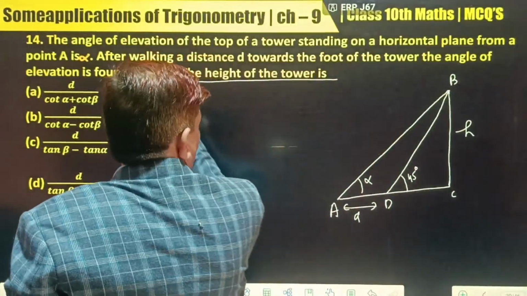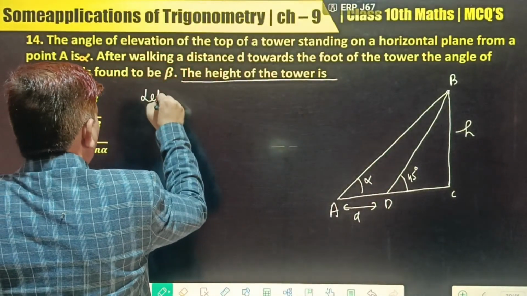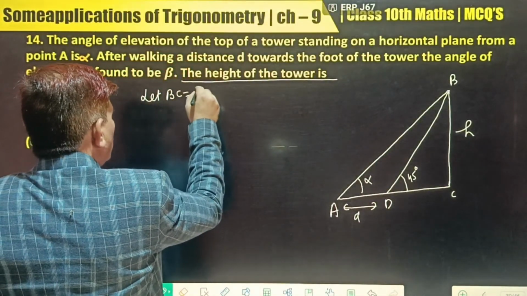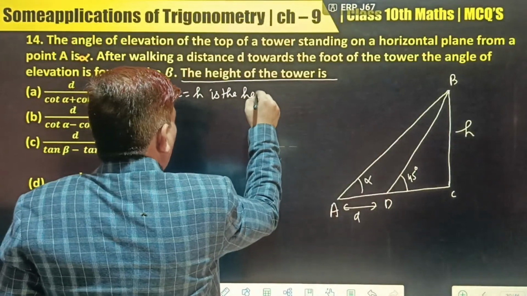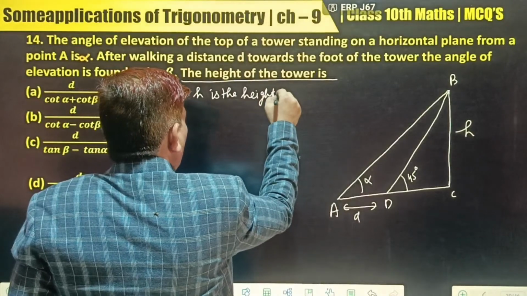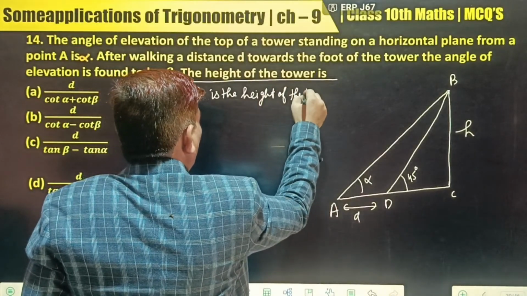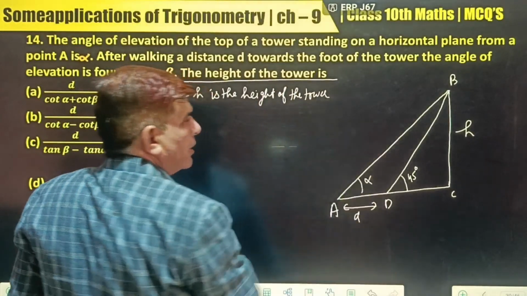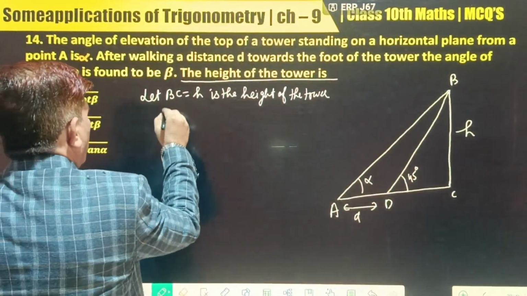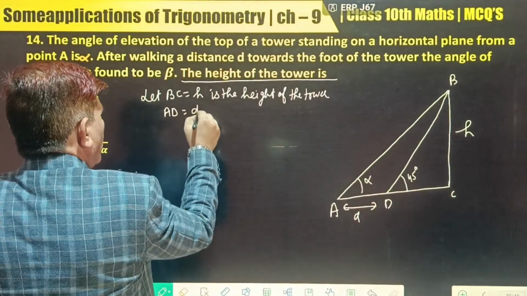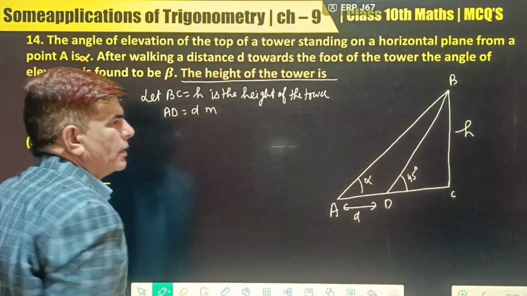So we can say let BC equal to H be the height of the tower. AD equal to D meter.